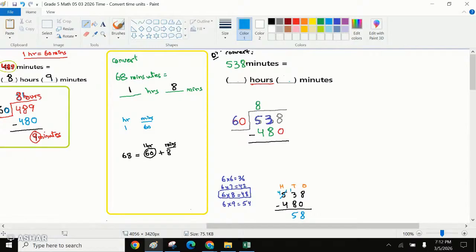Okay, so over here we are left with 58. Agreed? So can we say the quotient was the hours and the remainder was the number of minutes? Agreed? So our answer is 8 hours and 58 minutes. Do we agree?